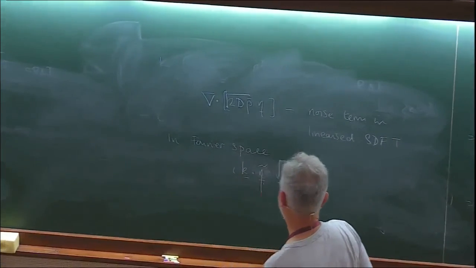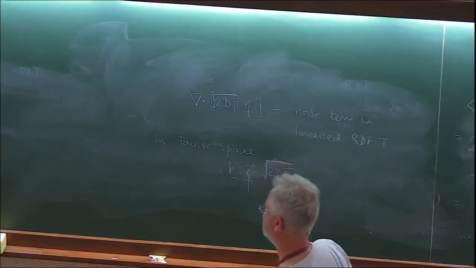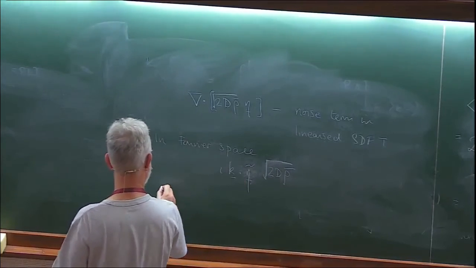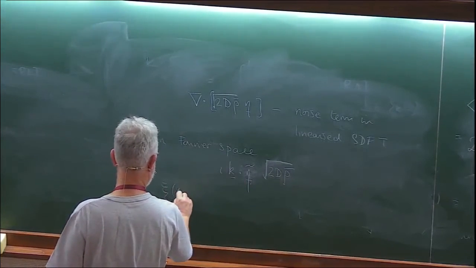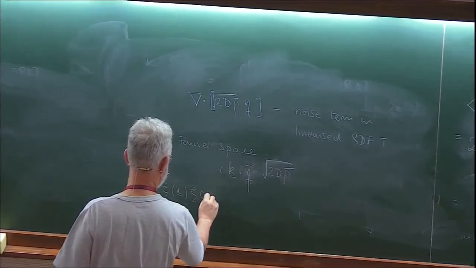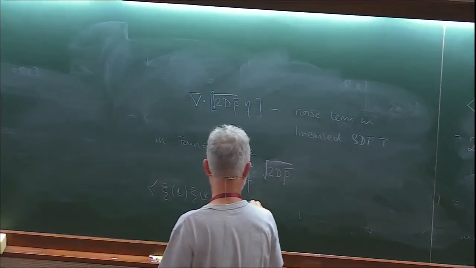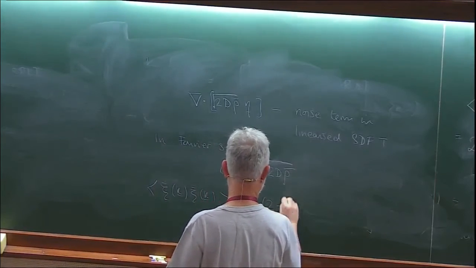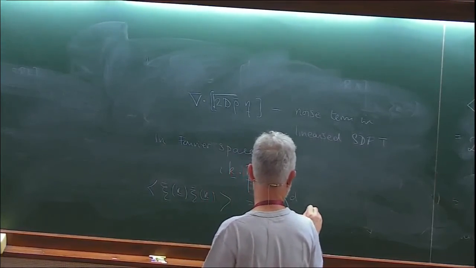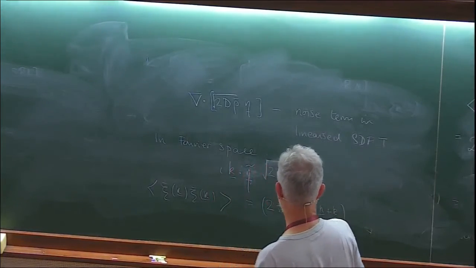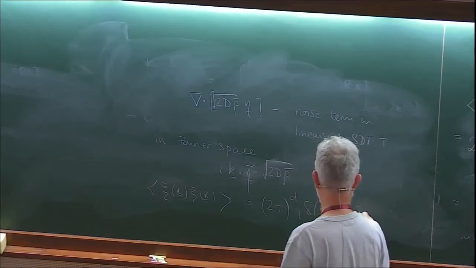And if I work out in Fourier space what its correlation function looks like, this noise, this zeta tilde of k and k prime, takes the form 2 pi to the d delta of k plus k prime, 2d rho bar.